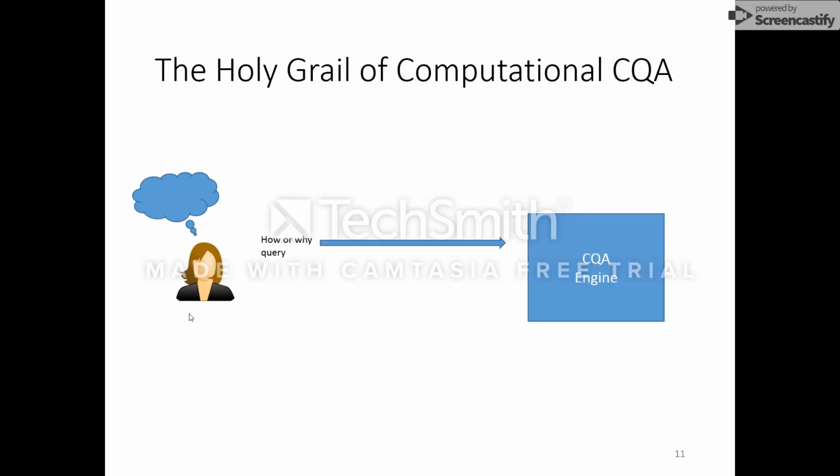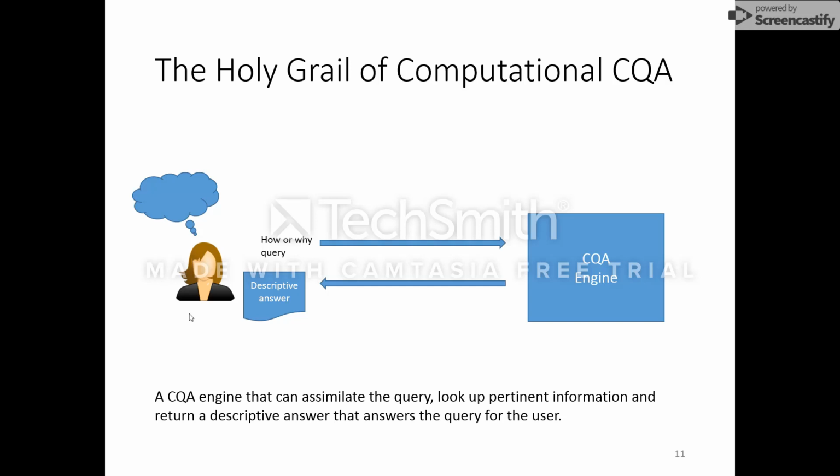And that is given to a CQA engine, and the CQA engine comes back with a descriptive answer that exactly addresses the how or why query that the user wants. So a CQA engine that can assimilate the query, look up pertinent information from the web or elsewhere, and return a descriptive answer that answers the query for the user. So this is what we would like to have.